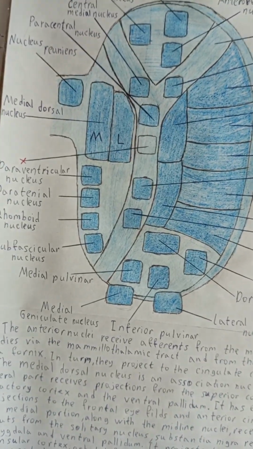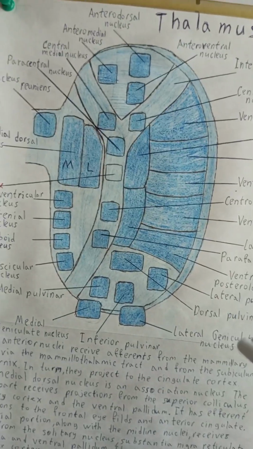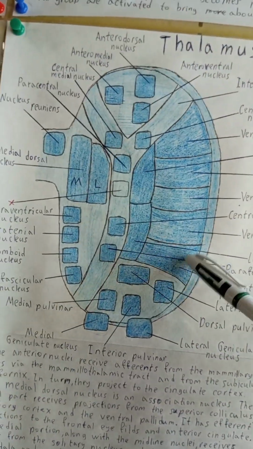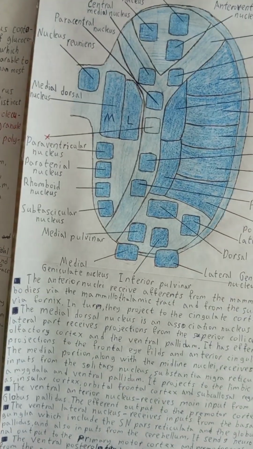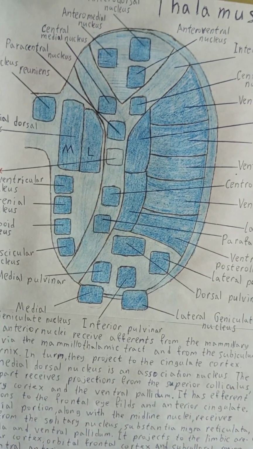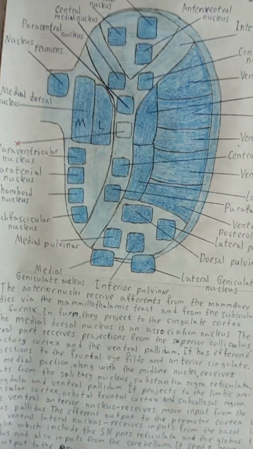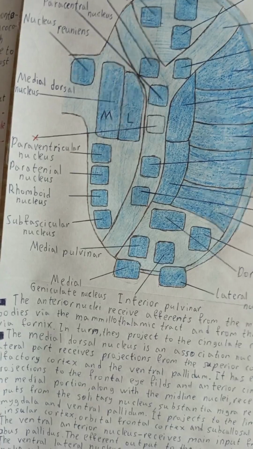The ventral posterolateral nucleus is here, very close to the pulvinar, basically. Wait, yeah. The ventral lateral nucleus receives input from the basal ganglia, which include.